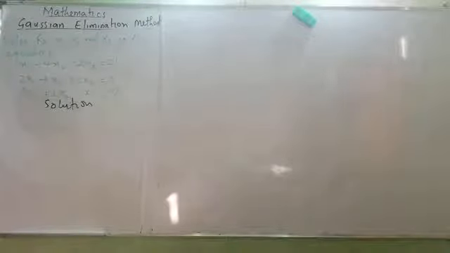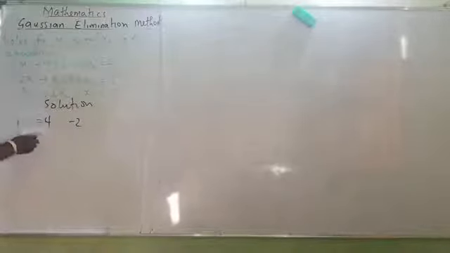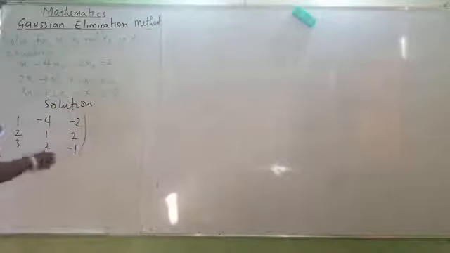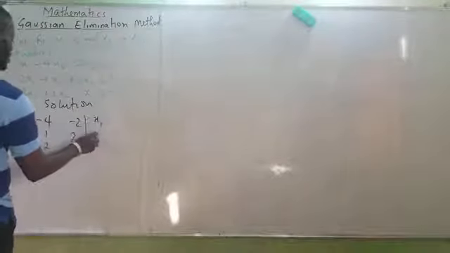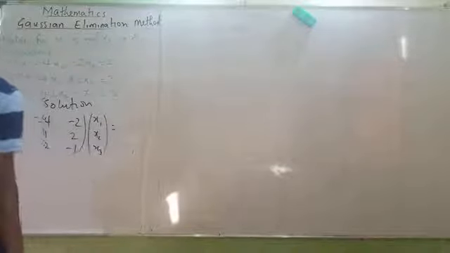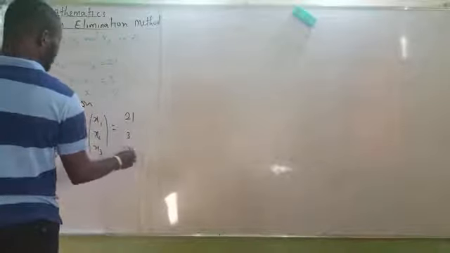The first thing I will do, don't forget, is pack up the coefficients, which I will have as 2, 1, 2, 3, 2, minus 1, multiplying x, which is x1, x2, x3, equals 2, 1, 3, and minus 2.